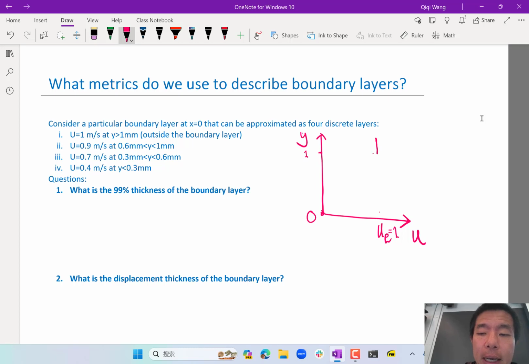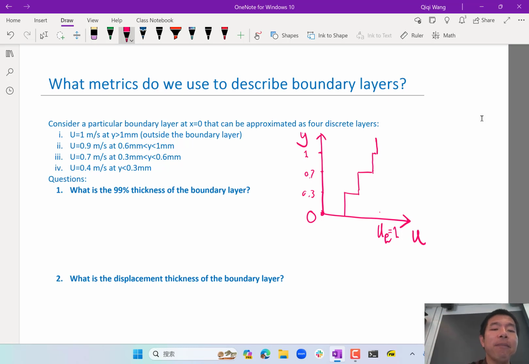And in the outermost layer, the velocity is equal to 0.9. And that's all the way down to 0.7 millimeters. And then in the more inside layer, the velocity is 0.7. That goes all the way to 0.3 millimeters. And then in the innermost layer, the velocity is 0.4. So we are assuming basically a stair-step profile of the boundary layer.